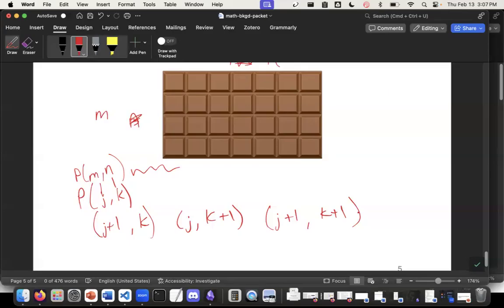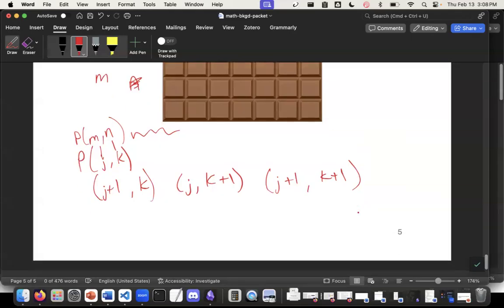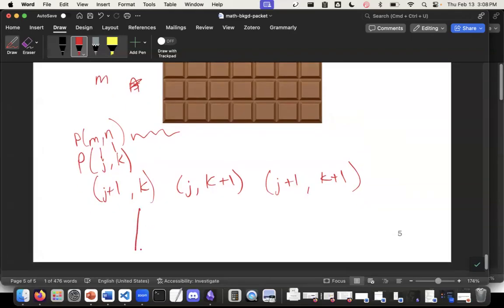So let's say I've got 7 individual columns. I know it takes 3 breaks to break each column. So I'm going to break all of the columns.